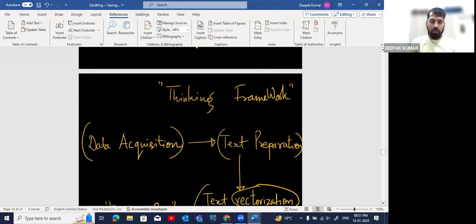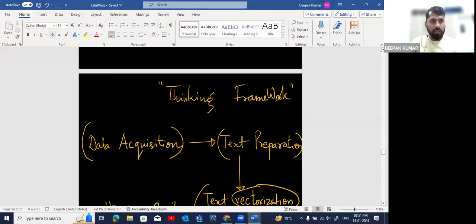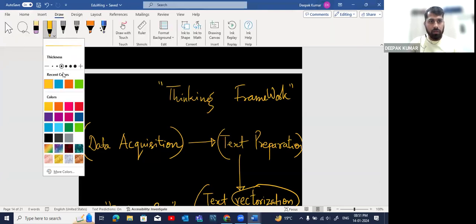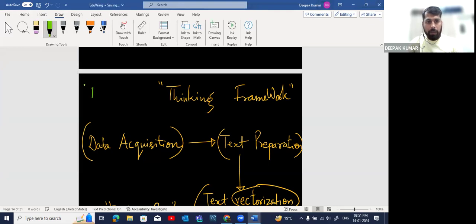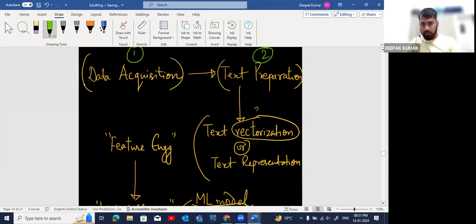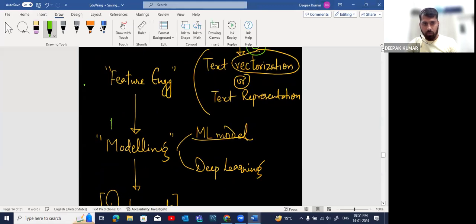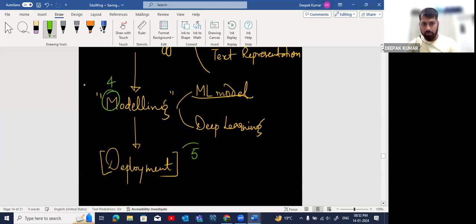This is called the thinking framework, or you may call it the pipeline. This is the first, second, third, fourth, fifth. Here we have not considered the business objective. In CRISP technology, we had 6 phases, whereby I left the business one.